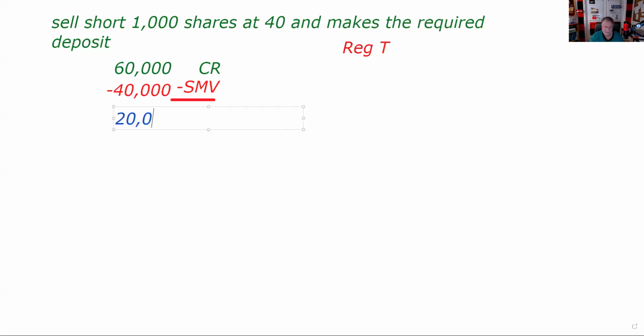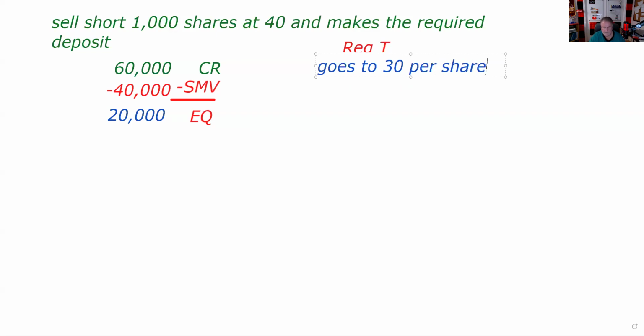Now, same thing, we're going to show you buying power. The first point is for you to end up having buying power. In this case, it's going to be selling power. The stock has to go down, right? So now we're going to do a mark to market again. And let's say the stock goes to 30. And so again, then we're going to do a mark. So I say you still have $60,000 in cash in your account.